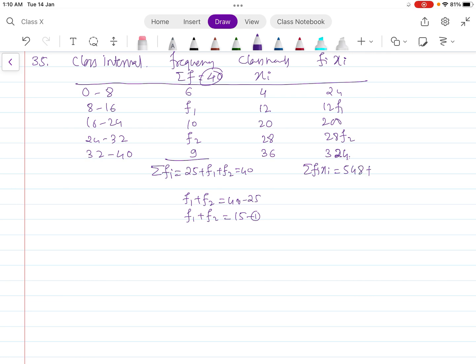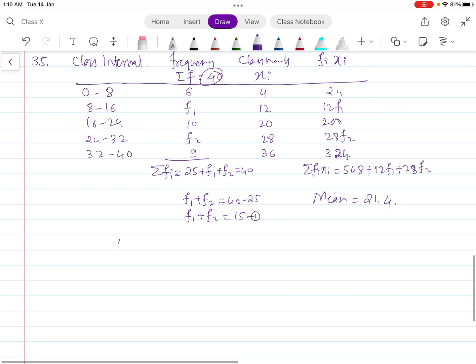So this is 548 plus 12 f1 plus 28 f2, which remain as they are. This is another equation, and another value we are going to use is the mean. Now they have given the mean as 21.4.